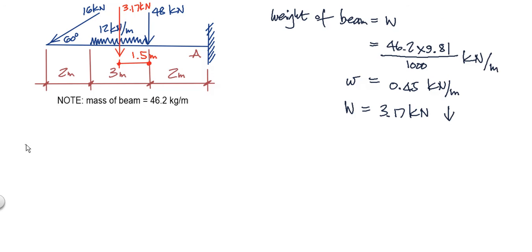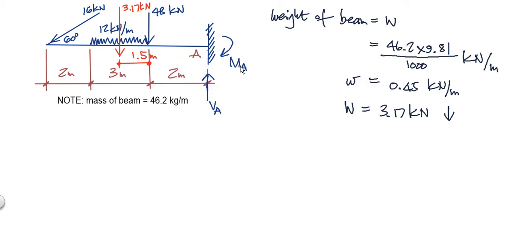Right, I'm going to assume forces and directions. So there will be my VA, and of course the beam is wanting to turn anti-clockwise with respect to point A, so therefore there's got to be a moment action sitting in a clockwise fashion.